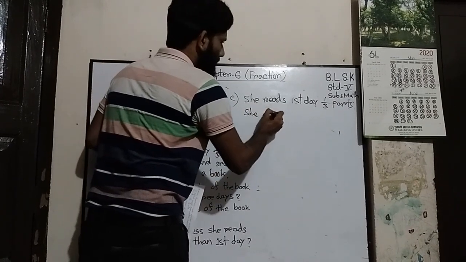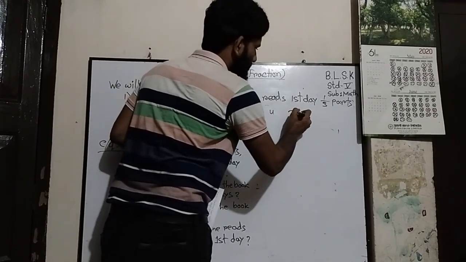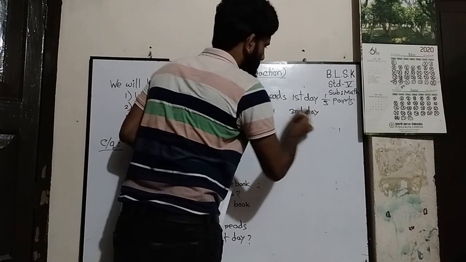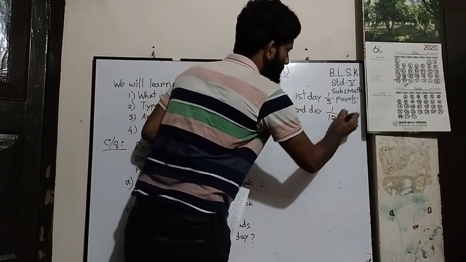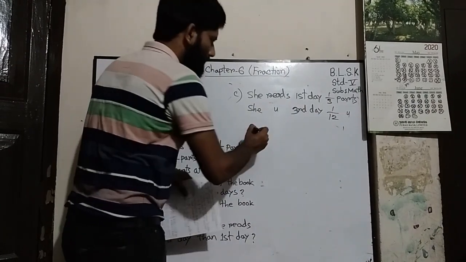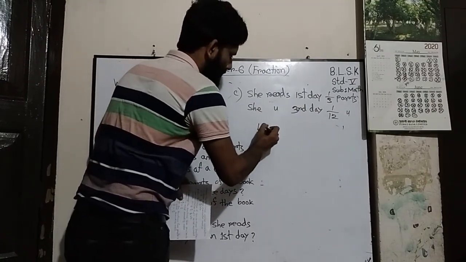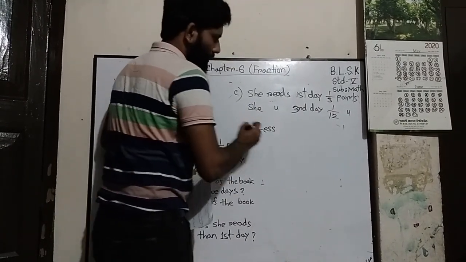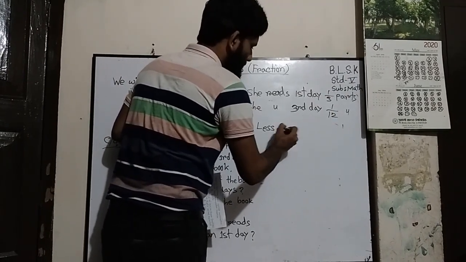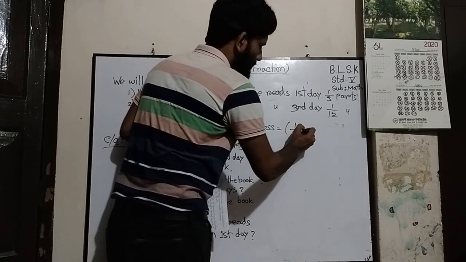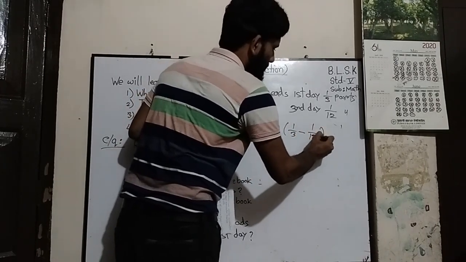She reads on the third day 1 by 12 parts. So how much less? 1 by 3 minus 1 by 12. That's the part.